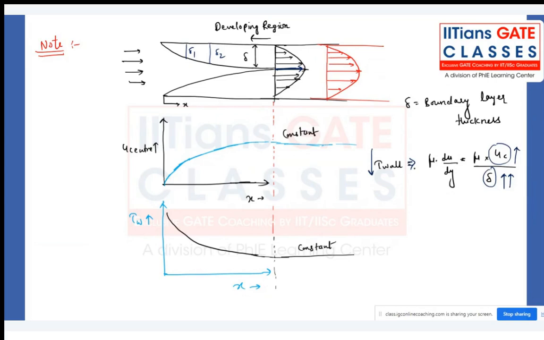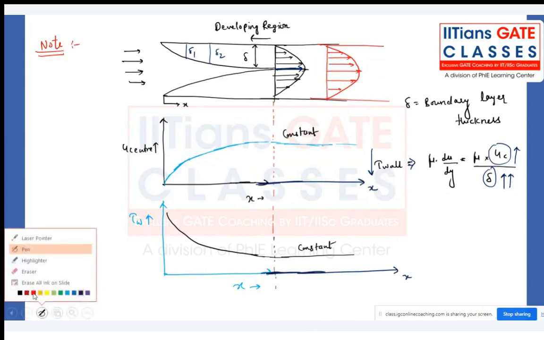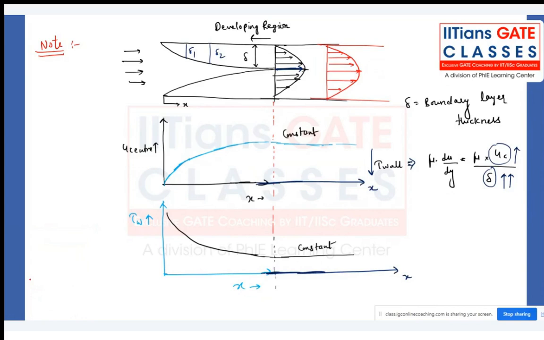These two graphs are very, very important. You can even plot them to complete this. They can ask in the GATE exam what is happening in the developing region. For a fully developed region, everyone knows that, but what is happening over here is the main thing.